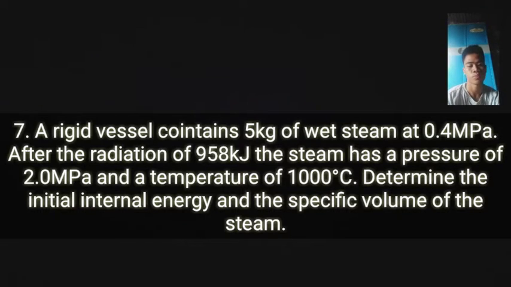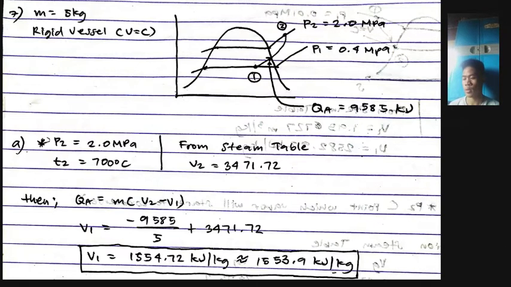So our solution for that, M or mass equals 5 kg. Rigid vessel is V equals C. And next, our given value is P2 equals 2.0 megapascal, P1 equals 0.4 megapascal, and our QA equals 9,585 kilojoules.